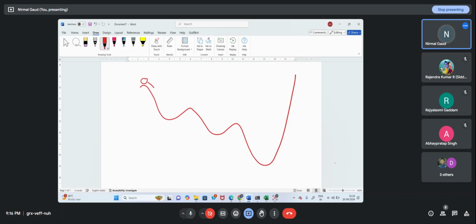It will go down, then down, then again here. It may reach here again. It will go down here, then here, then it will try to go upwards. And if I'm getting the global minima, it will stick here and will not progress.